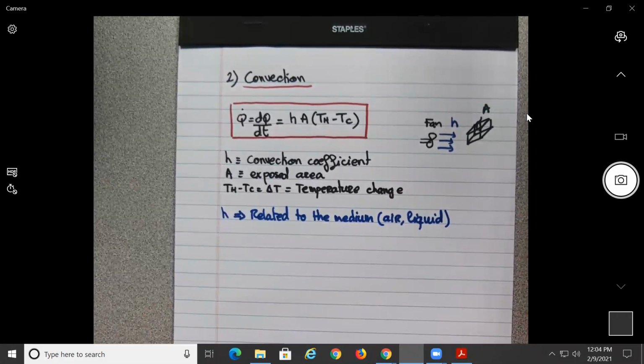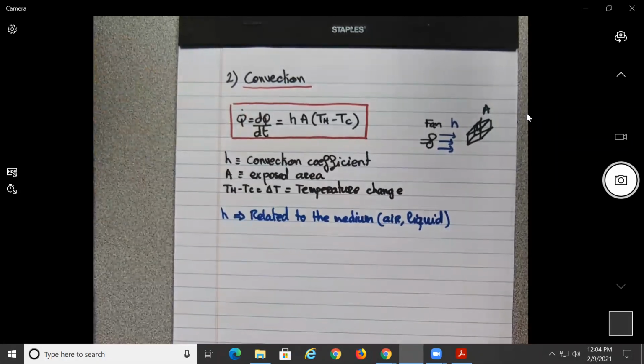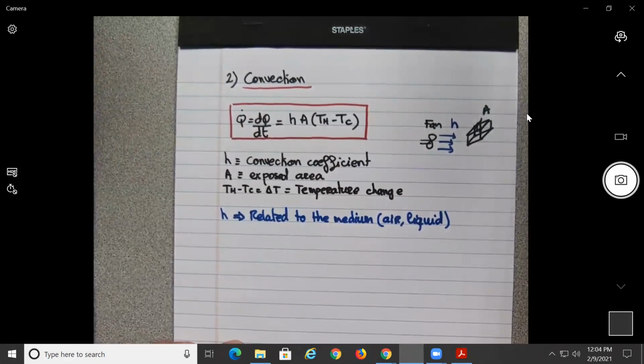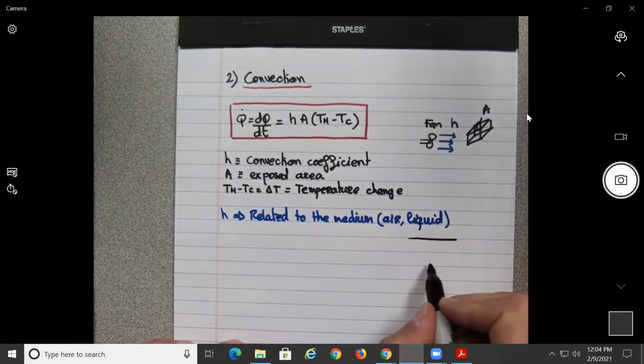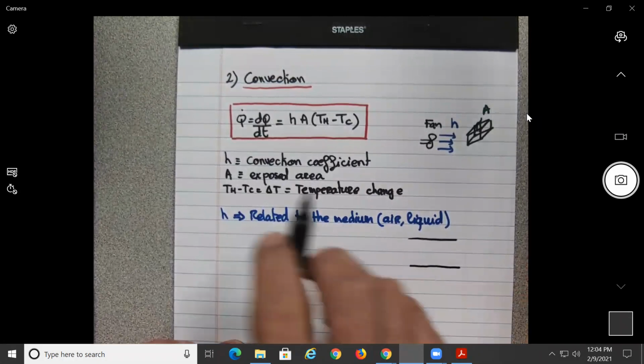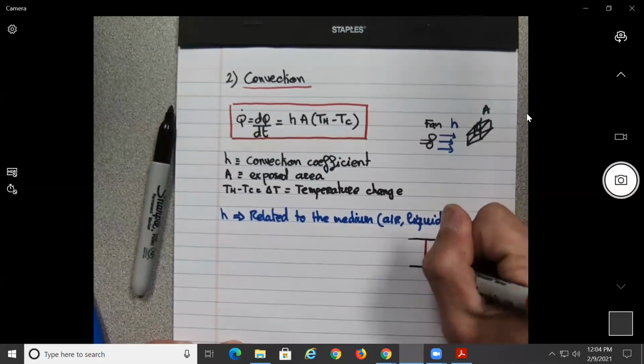And now, if it is air or liquid, have you seen this before? I mean, did you have a class in fluids before going to this class or no? No? Okay. But I mean, we can understand this part.